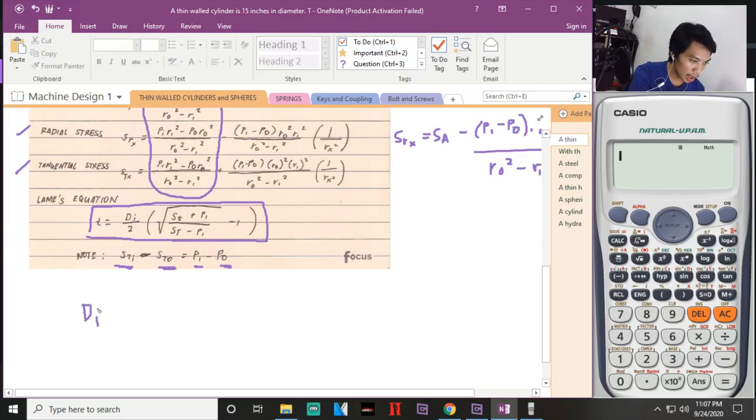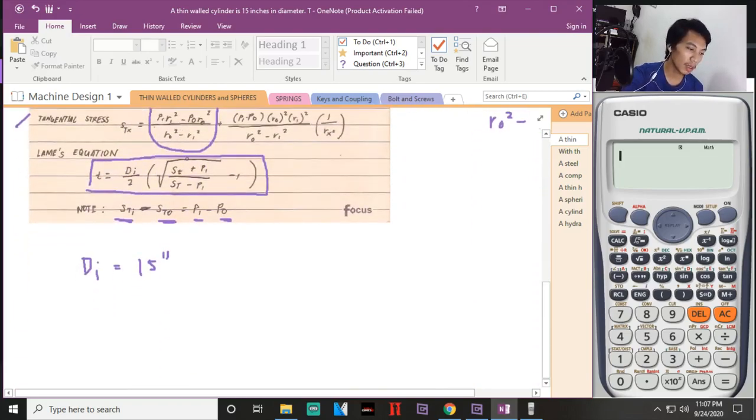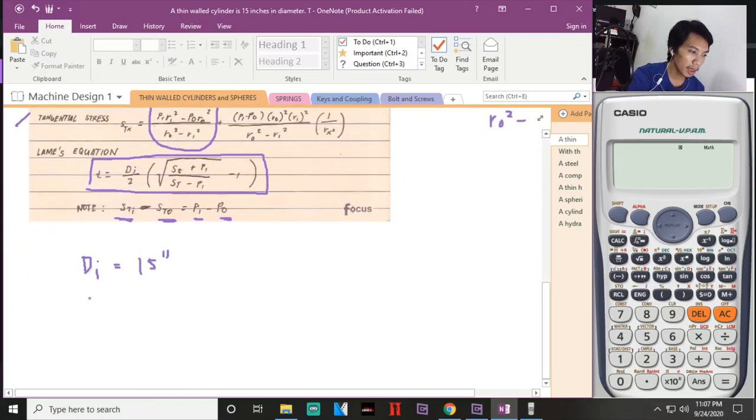As is, Di kagad yun, 15 inches. The internal fluid pressure in the cylinder, the internal pressure, the Pi, 150 PSI, pounds per inch squared.